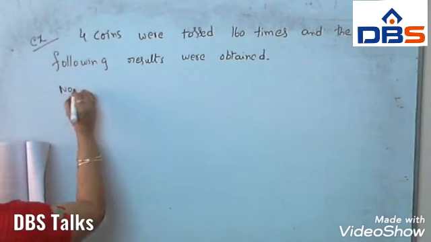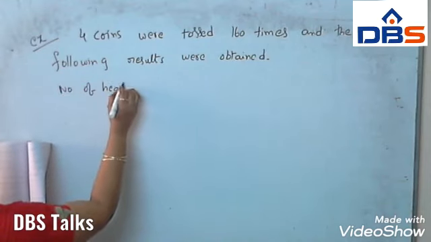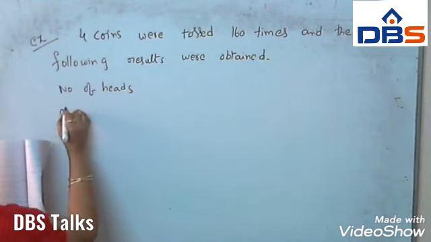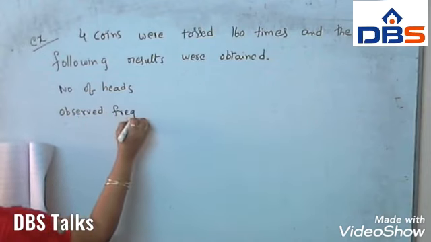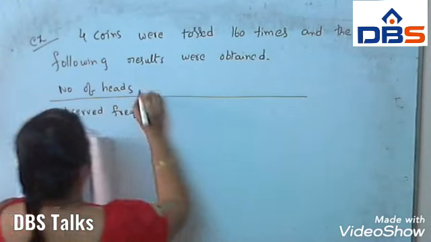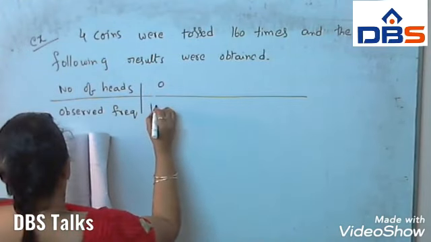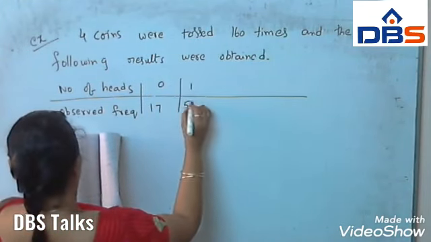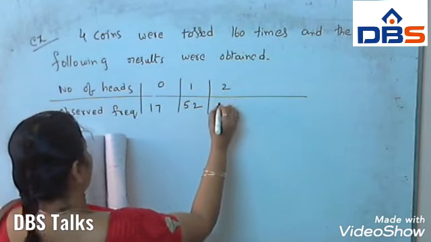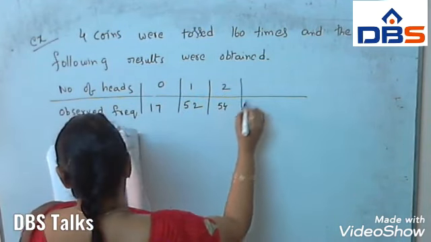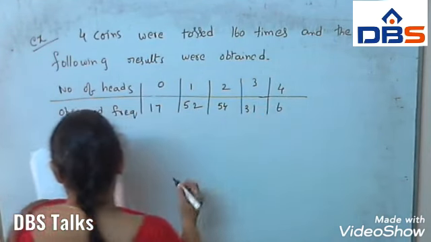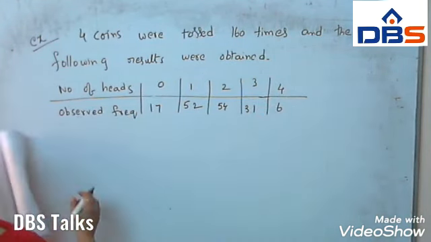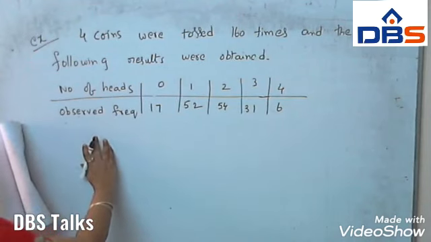Number of heads, observed frequency: 0, 17; 1, 52; 2, 54; 3, 31; 4, 6. So this is the given information.